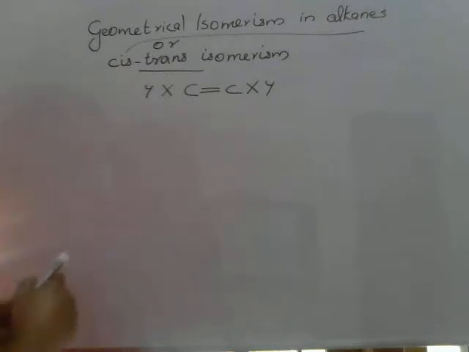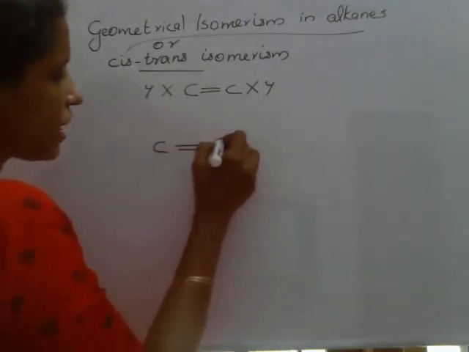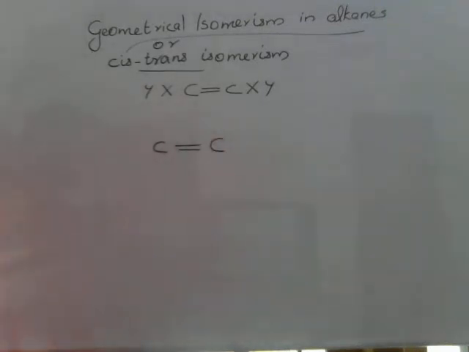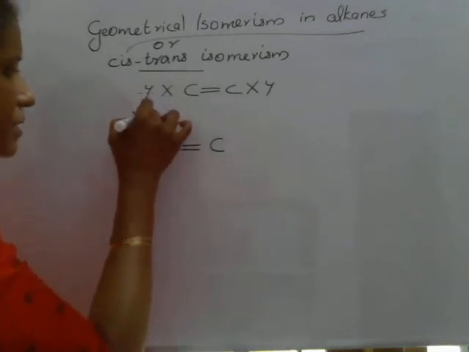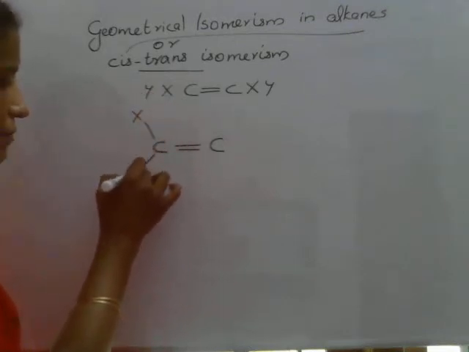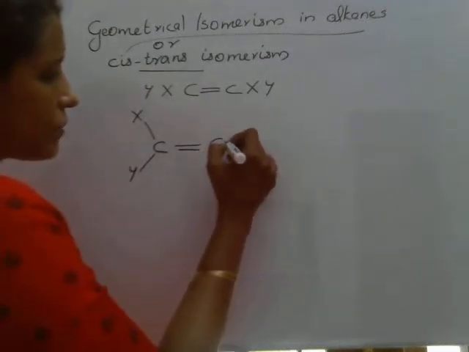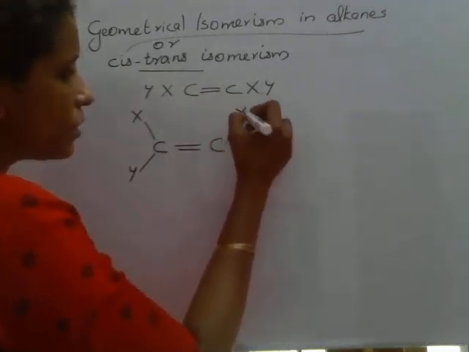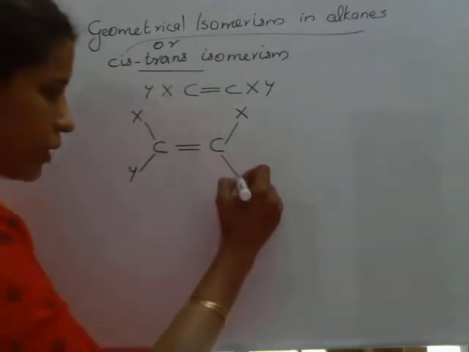Let's see the different possible arrangements around the carbon-carbon double bond in space. On the first doubly bonded carbon atom, I am putting X above and Y below, like this. Now on the second doubly bonded carbon atom, I am arranging X on the same side, above, and Y below.